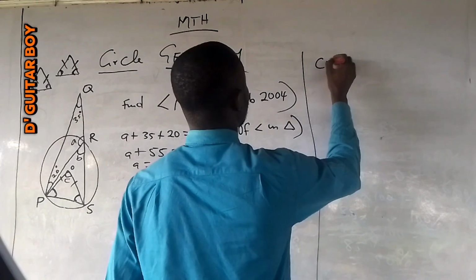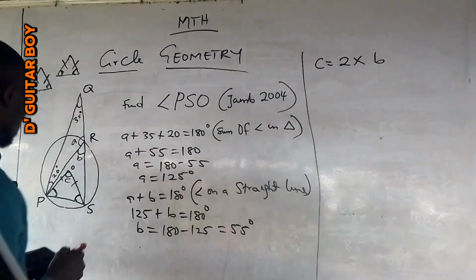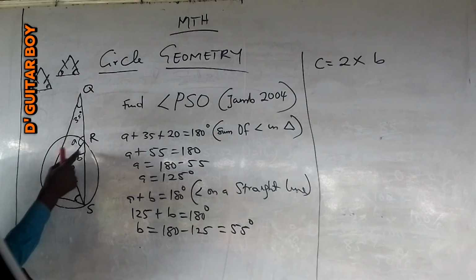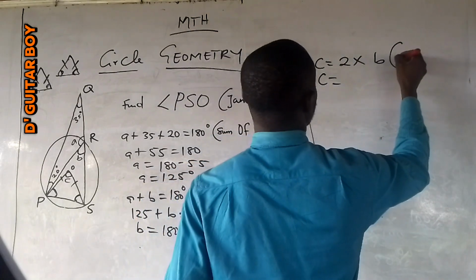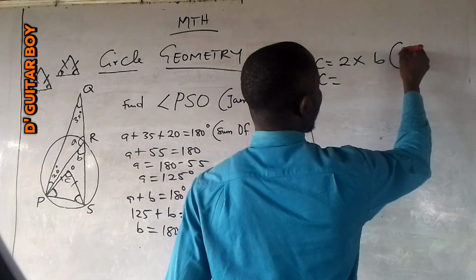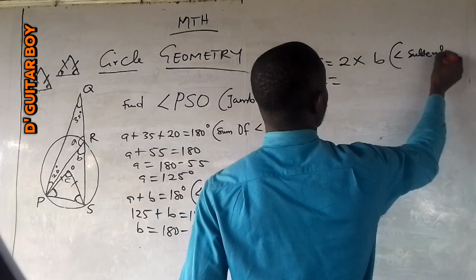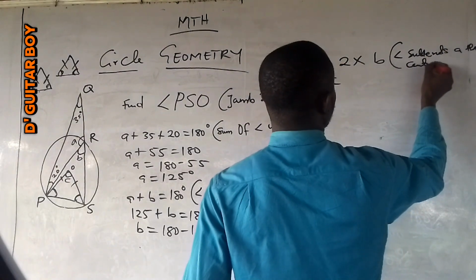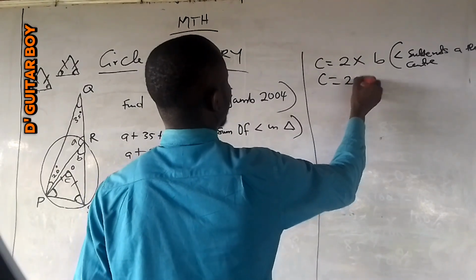C is equal to 2 times B, because anything you have at the center is 2 times whatever you have at the circumference. This is the circumference of the circle. So you now come here and say C is equal to 2 times B, and write the reason: angle subtended at the center.